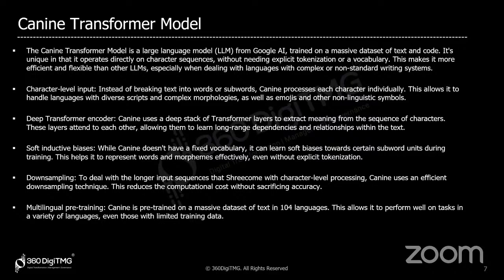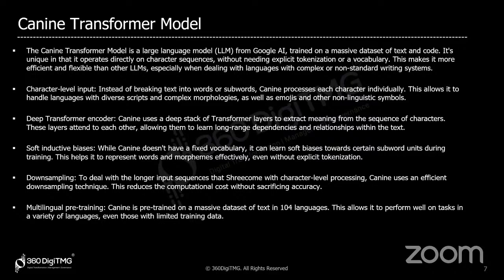So here are some character level inputs. Instead of breaking text into words or subwords, Canine processes each character individually. This allows it to handle languages with diverse scripts and complex morphologies, as well as emojis and other linguistic symbols.